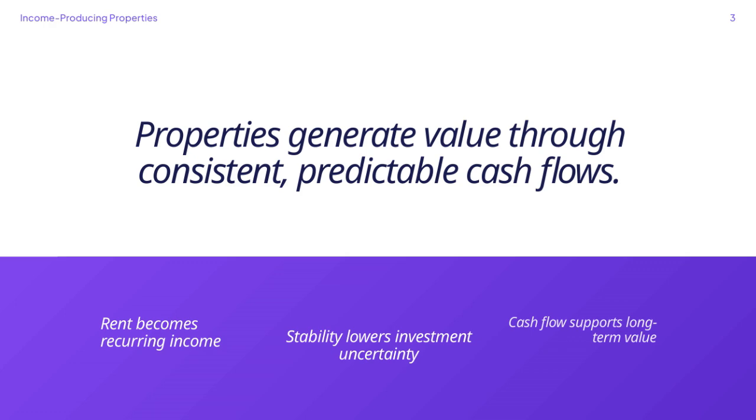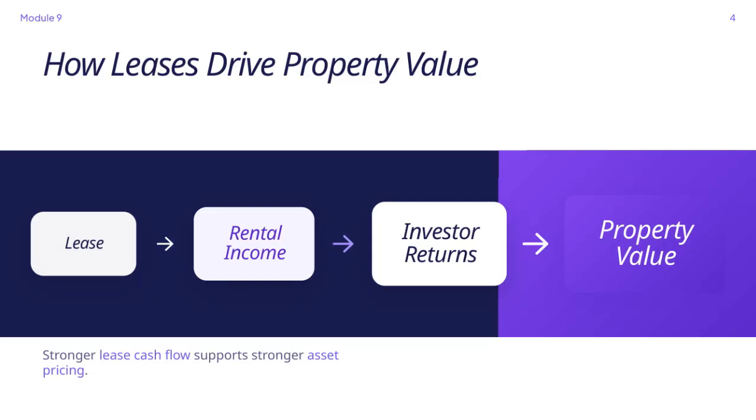Moreover, consistent cash flow not only supports day-to-day financial health, but also contributes significantly to long-term property value. Essentially, these types of properties offer a balance of income reliability and potential growth, making them a valuable component in any investment portfolio.